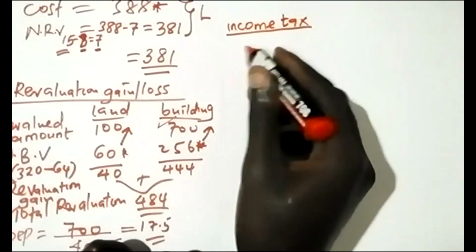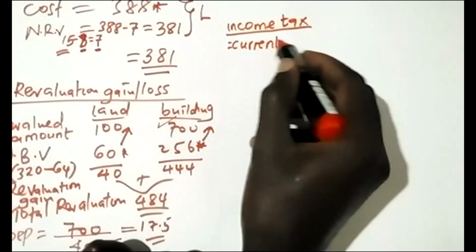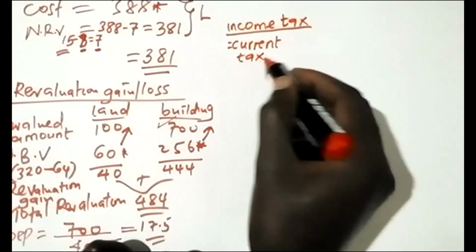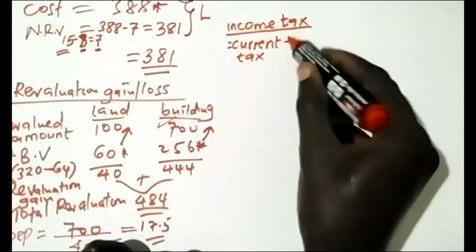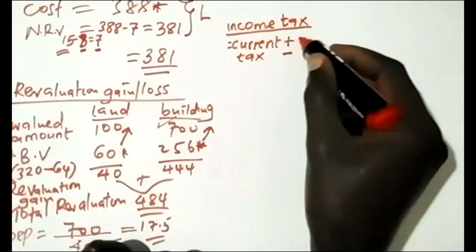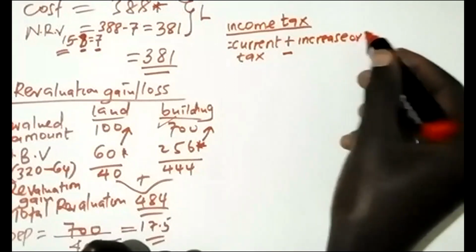When you are determining income tax, you check your current tax. This current tax is just the corporation tax in the current year. Then you add or minus the increase or decrease in deferred tax.